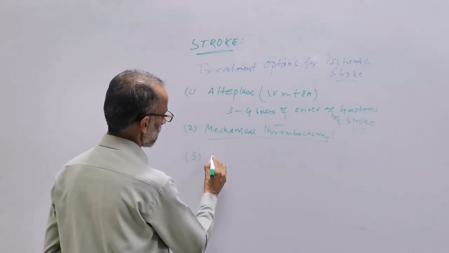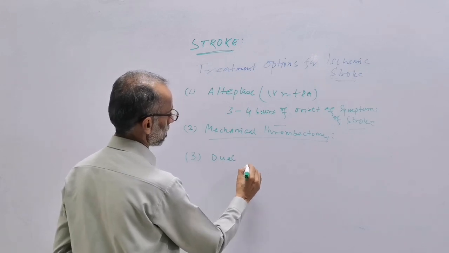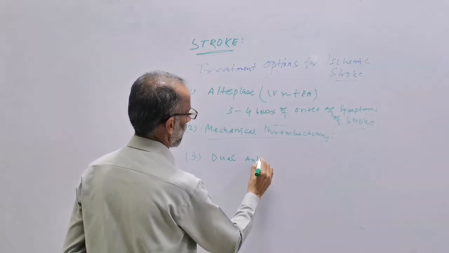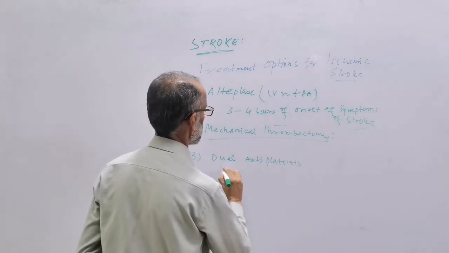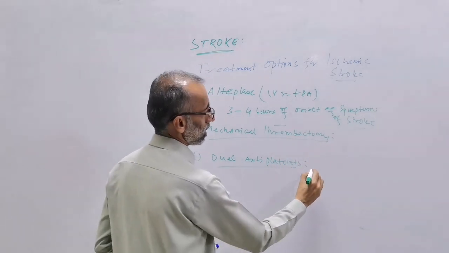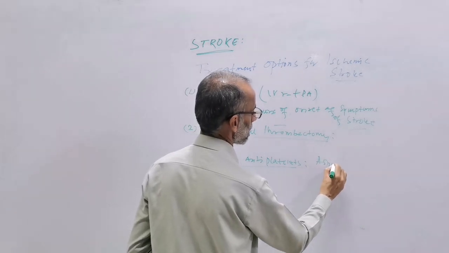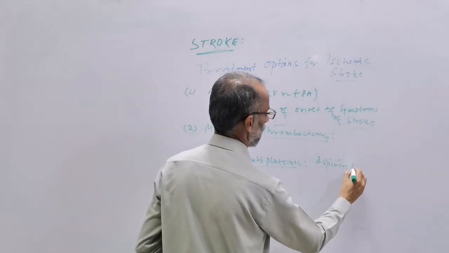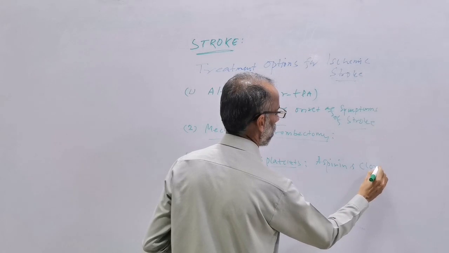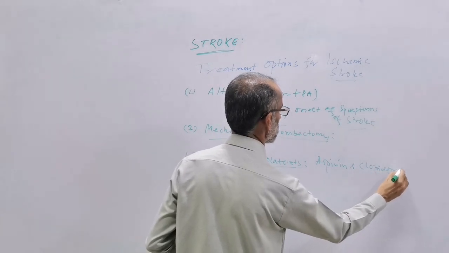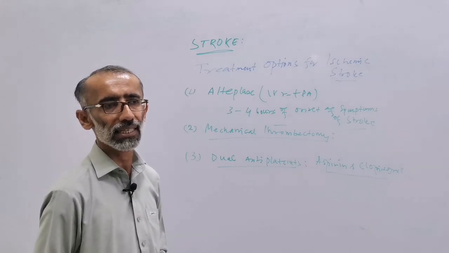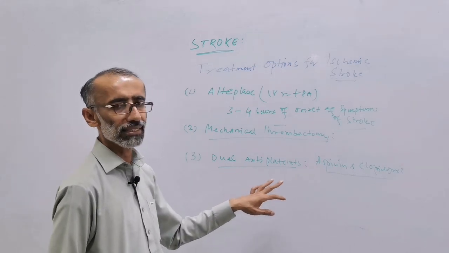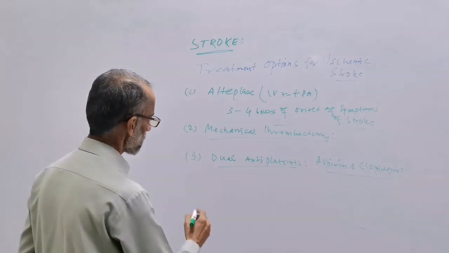Another option is dual antiplatelet therapy such as aspirin and clopidogrel. Aspirin and clopidogrel are given for secondary prevention.